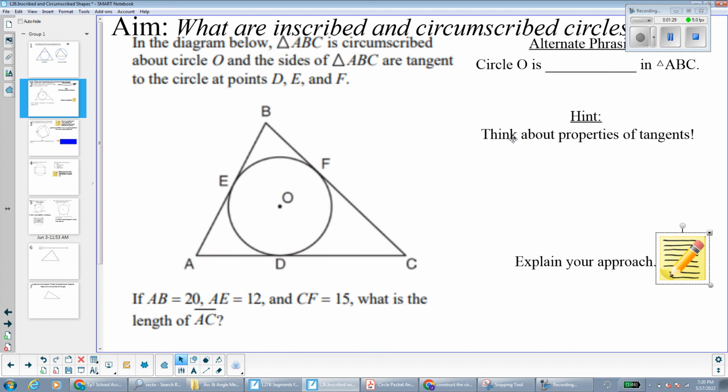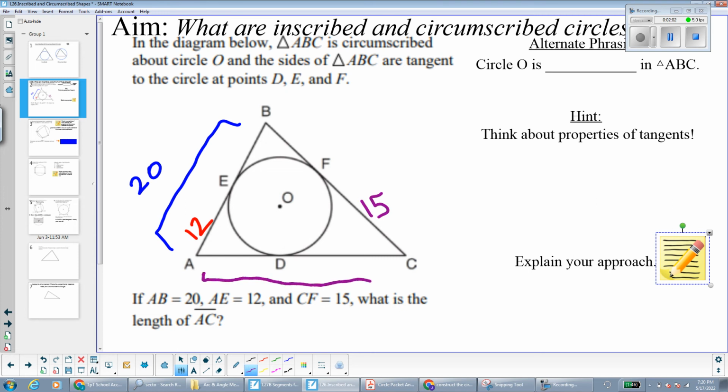In the diagram below, triangle ABC is circumscribed about circle O, and the sides of triangle ABC are tangent to the circle at points D, E, and F. If AB is equal to 20, AE is 12, and CF is 15, what is the length of AC?